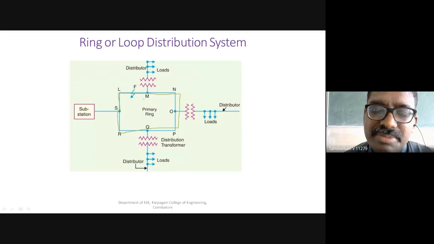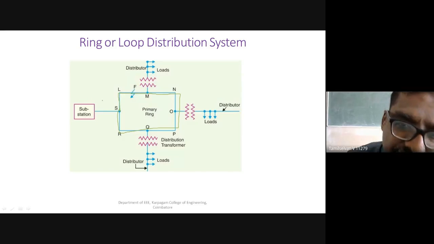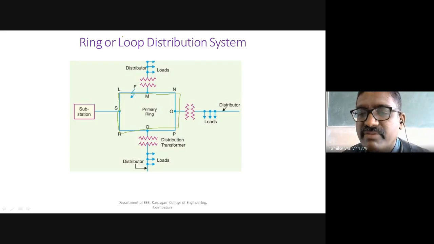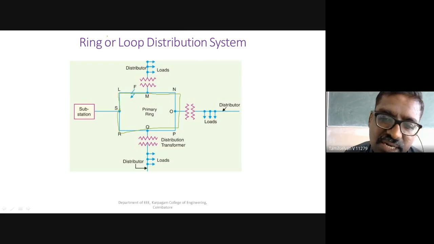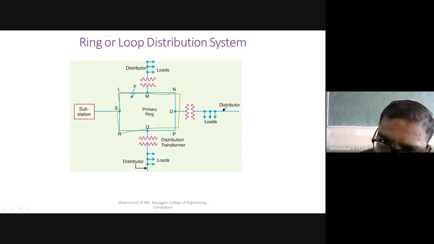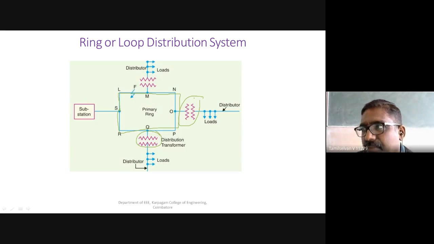Okay, so we can tap the energy. The distributor will be tapped at any point of location of the feeders. Before tapping, there will be a transformer that acts as a distribution transformer, where the voltage is stepped down. This is the transformer you can see in your area, near your home, in your street, or maybe the next street.